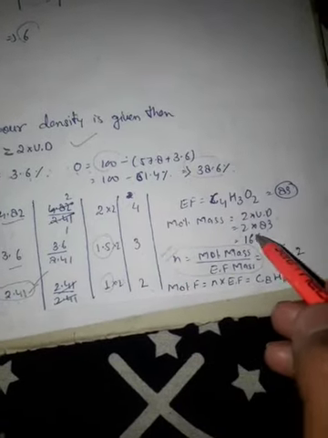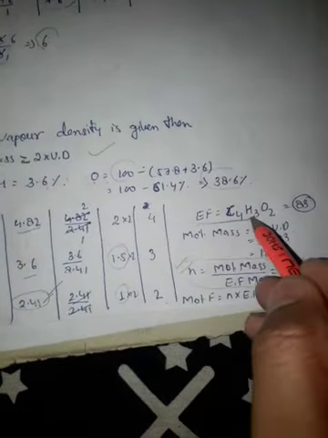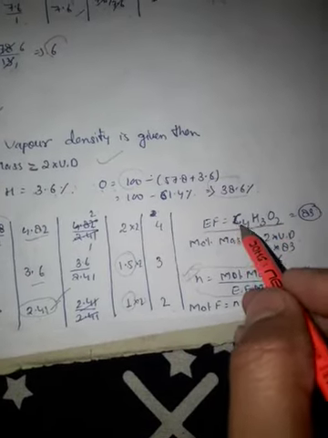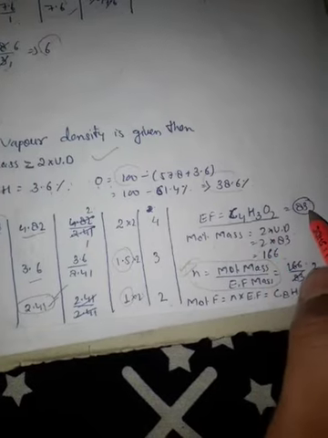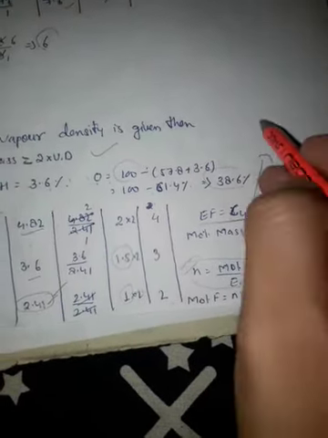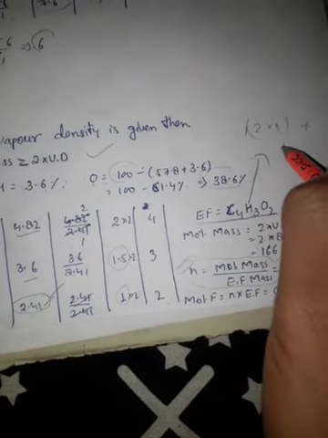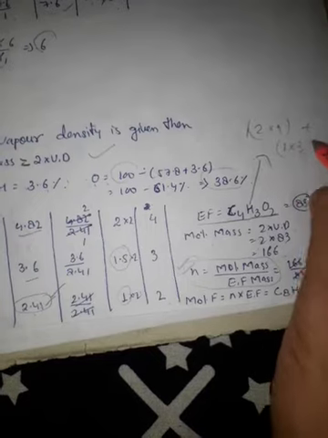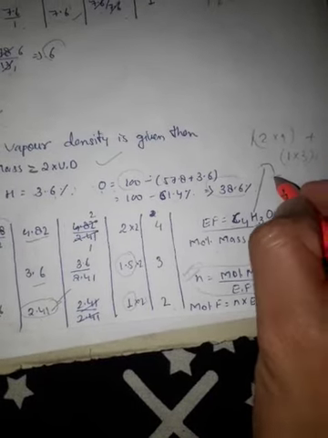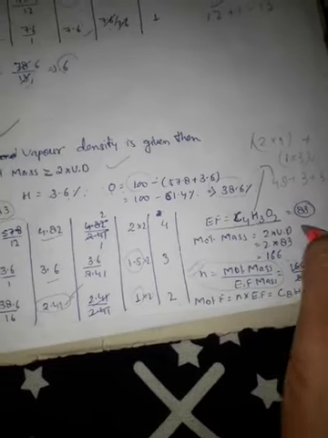We have molecular mass 166 and empirical formula mass we calculate from the empirical formula C4H3O2. Carbon is 12 into 4 plus H 1 into 3 plus 16 into 2. So 12 fours are 48 plus 3 plus 32. So you will get 83.